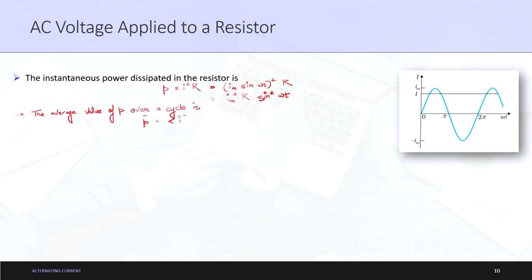What is its value? Let me first write the complete value here. It is Im square R sin square omega t. As Im square and R are constant, we can take them out of this.